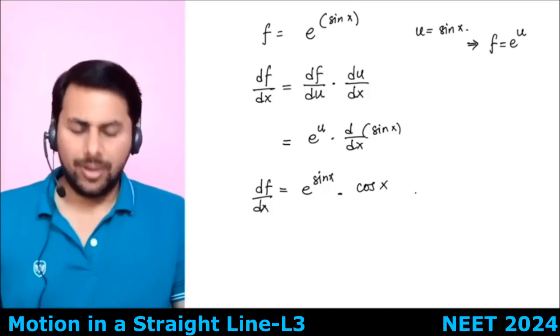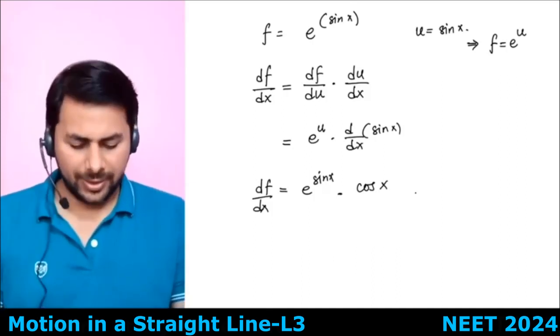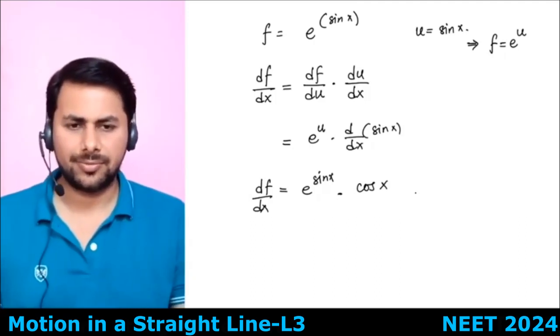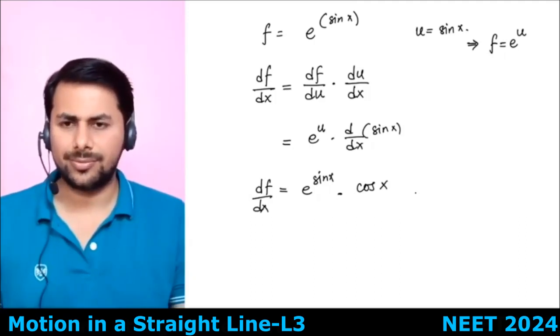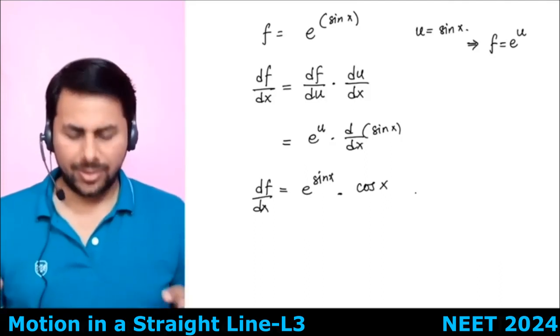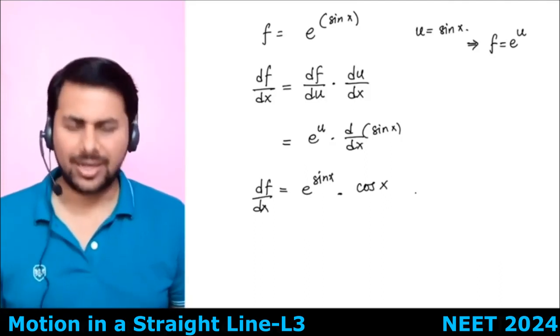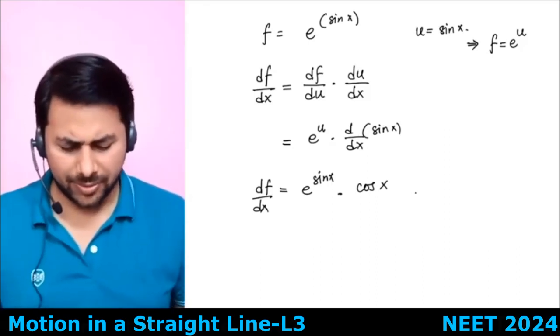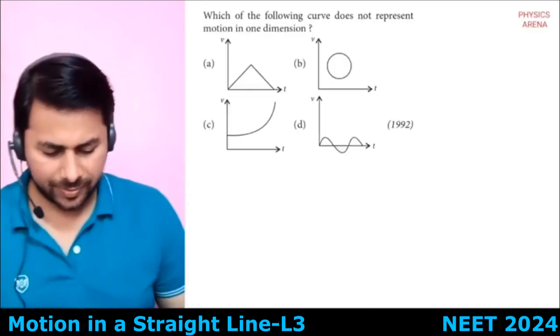So this is how we find derivatives using chain rule. Is it clear? Yes or no? Yes, sir. You might already know this, but I just wanted to make sure that everybody is on the same page. So we saw it briefly.